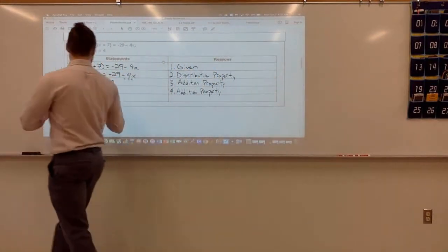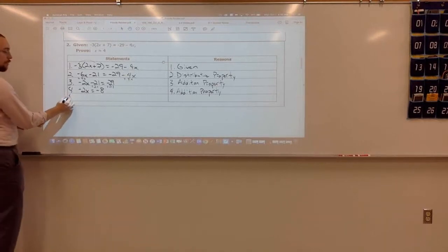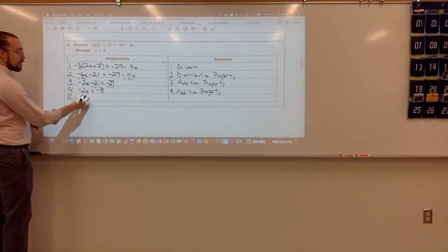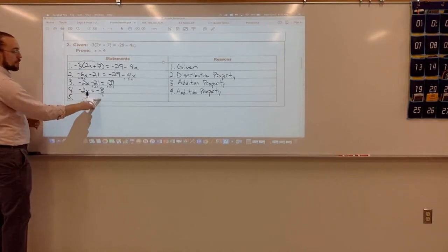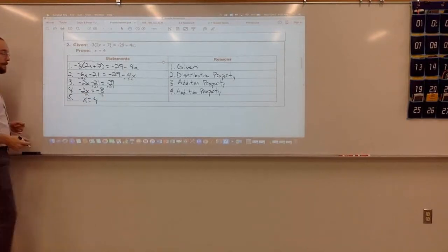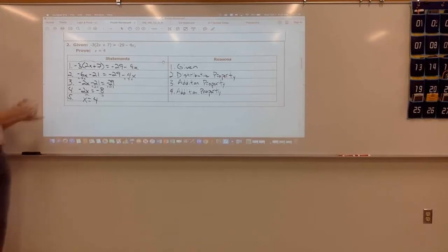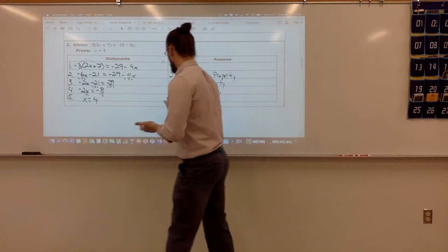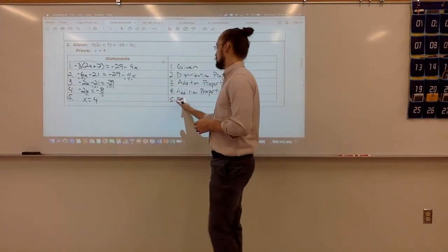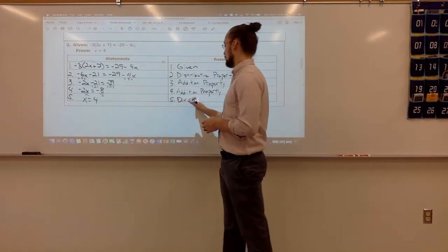And then finally, to get x by itself, I'm going to divide both sides by -2. So -8 divided by -2 is positive 4, and that is what we wanted to get. So the reason for that is division property.